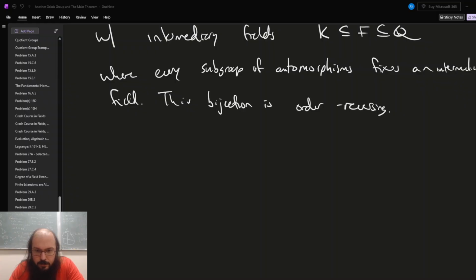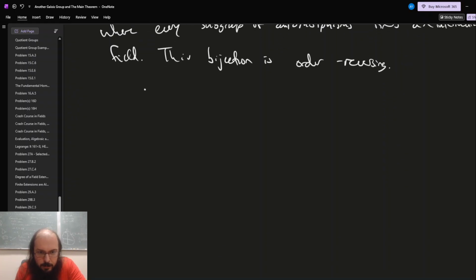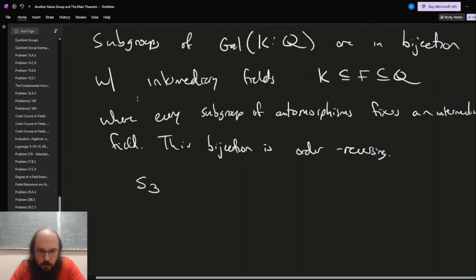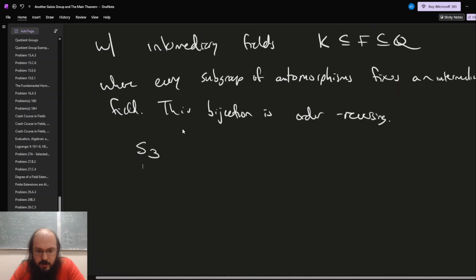So for S3, what's the situation? We have S3 up top. We know that S3 contains a couple of order 3 groups. We wrote them down up above. Sorry, not a couple of order 3 groups, a couple of order 2 groups. We have just the group generated by sigma for order 3.